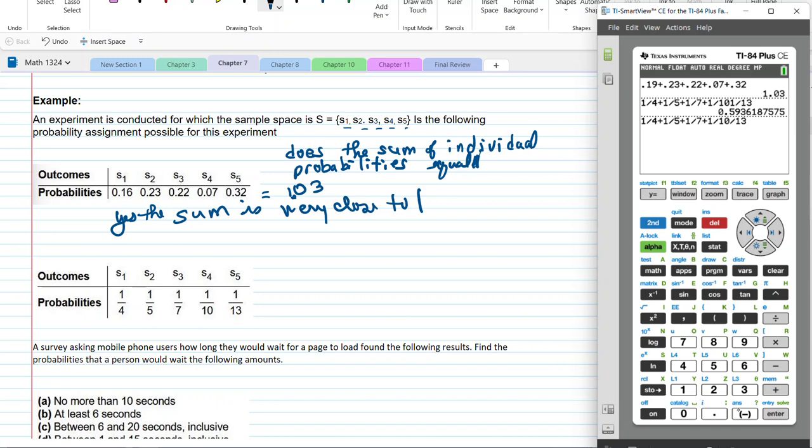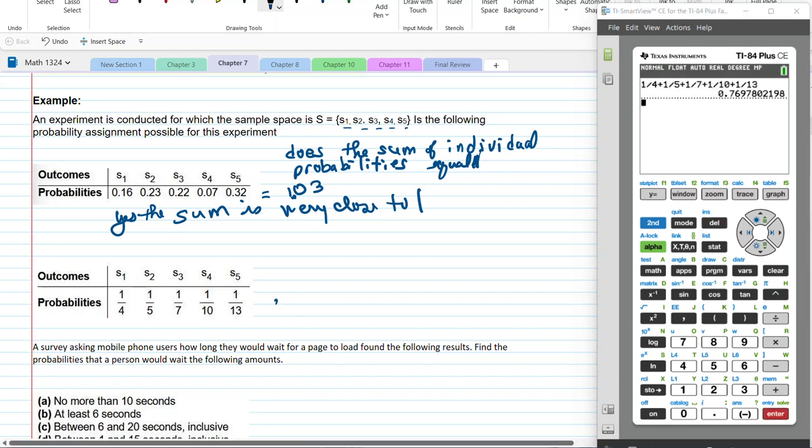Plus 1 divided by 13. I'll enter. This one is 0.69, whatever.